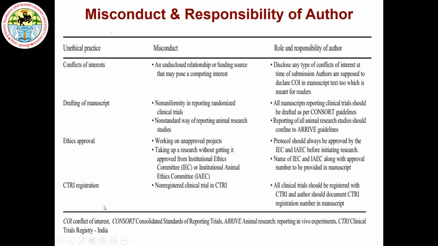Then drafting of manuscript. The misconduct is non-uniformity in reporting randomized clinical trials, or a non-standard way of reporting animal research studies. As a responsibility of the author, all manuscripts reporting clinical trials should be drafted as per CONSORT guidelines.